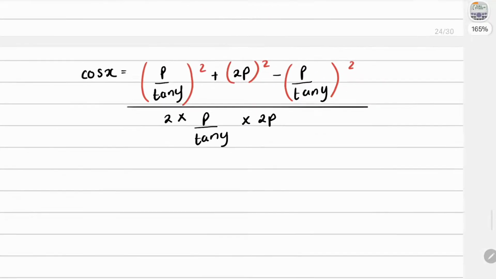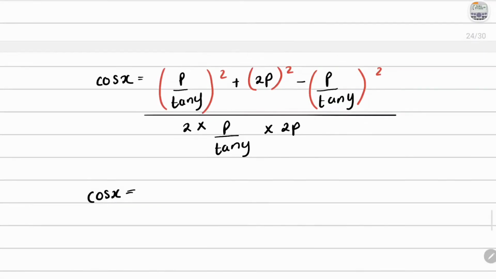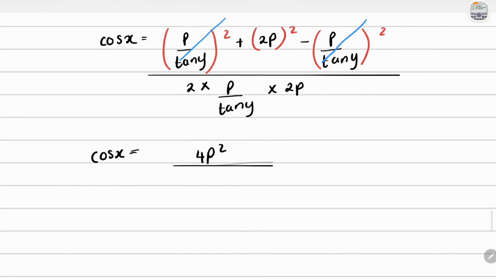Okay, so let's just simplify. This is cos x is equal to, we already see that these two will cancel. So on the numerator, you just have 4P squared all over, and numerators multiply. So 2 times P is 2P times 2P is 4P squared over tan y.